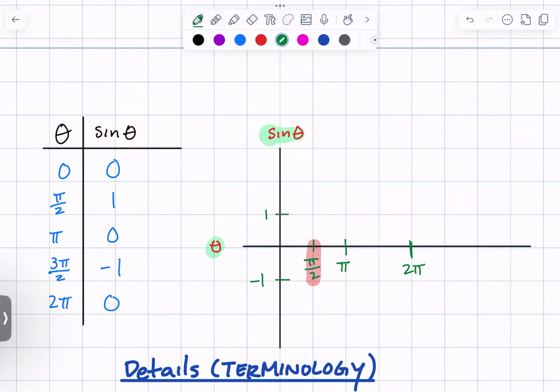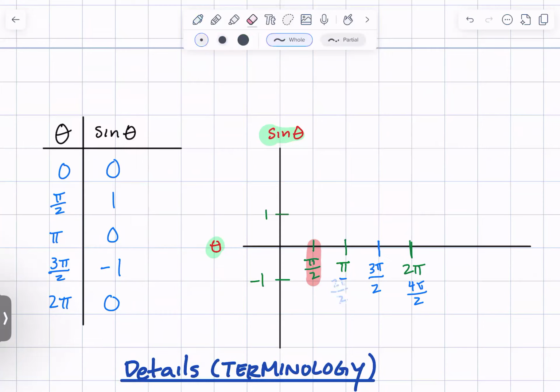So I can label this as 2 pi over 2 or pi, this as 3 pi over 2, and this as 4 pi over 2 or 2 pi. That's the skill that I want you guys to have.